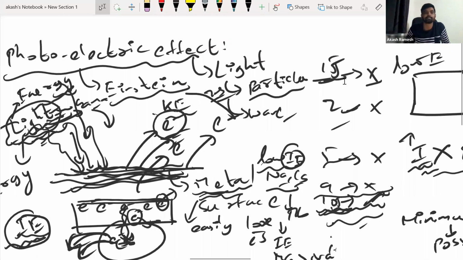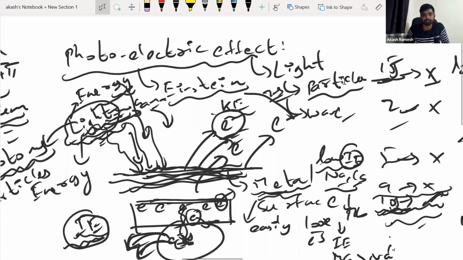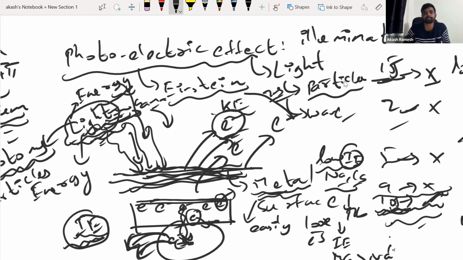It is the phenomenon of emission of electrons from a metal surface which is illuminated by a light of suitable frequency.